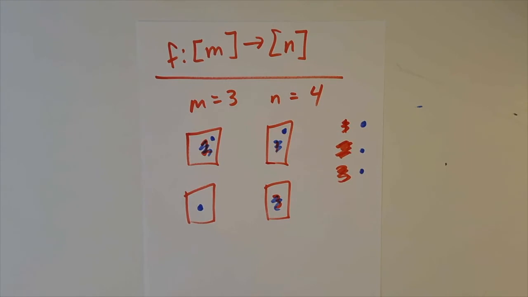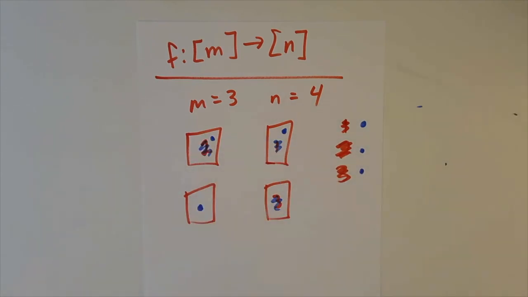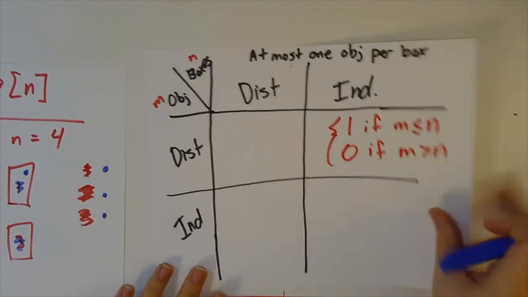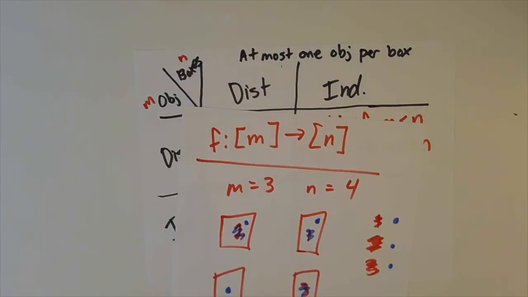But just like before, we've provided the illusion of choice because it seems like maybe I could have put them here, here, and here instead, or whatever. But the boxes themselves are indistinguishable. So just like before, here, if it's possible at all to put one ball in some number of boxes, then there's exactly one way to do it because the boxes are indistinguishable.